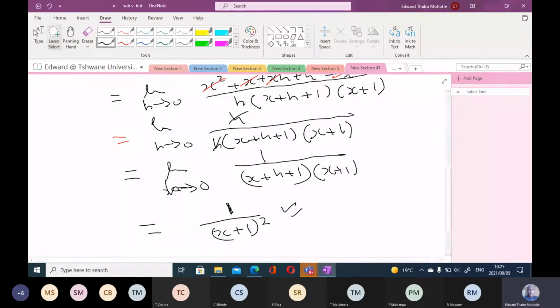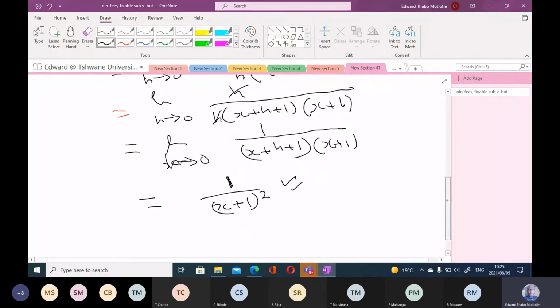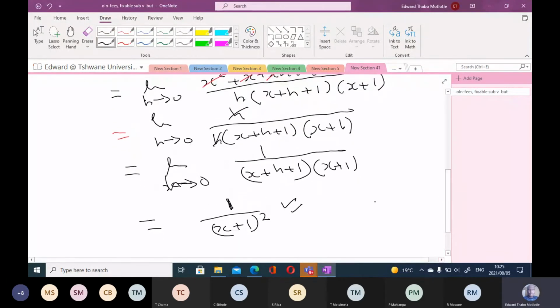Now, this problem, you can also check it using another method, but I don't want to introduce a complicated method before you know it. Okay, so you'll record this.